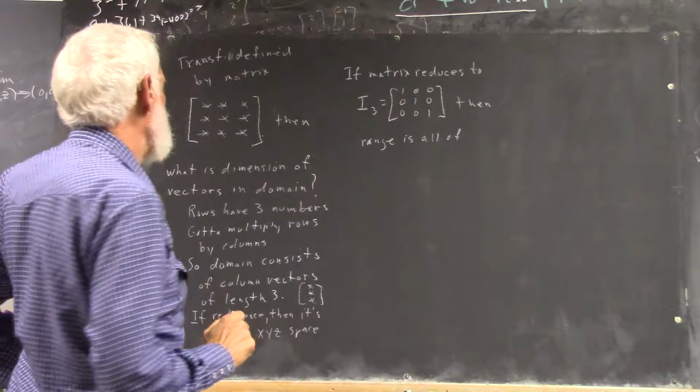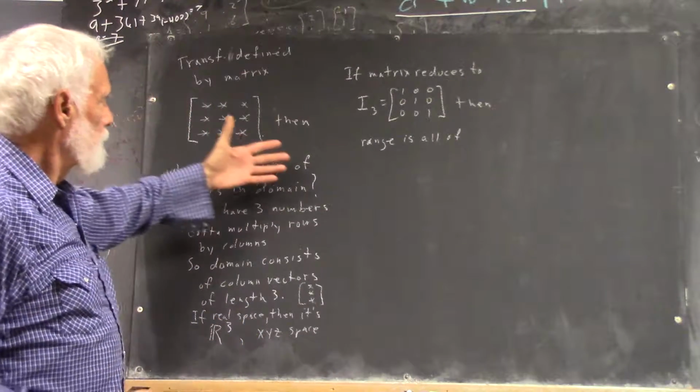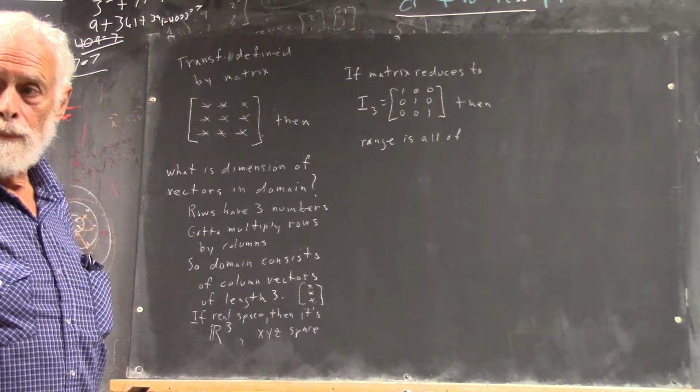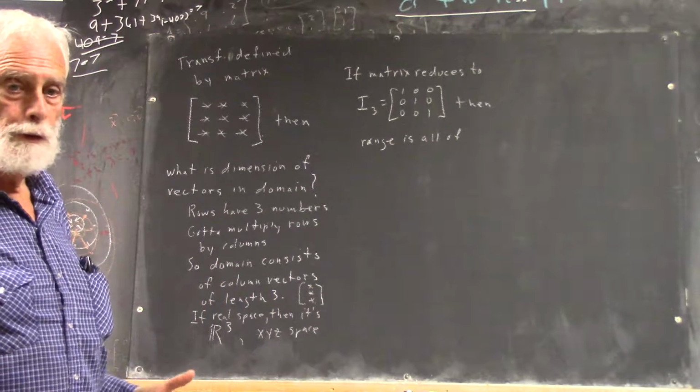Okay, well, first place, when you multiply this matrix by a vector, what kind of a vector do you get? What's it look like?